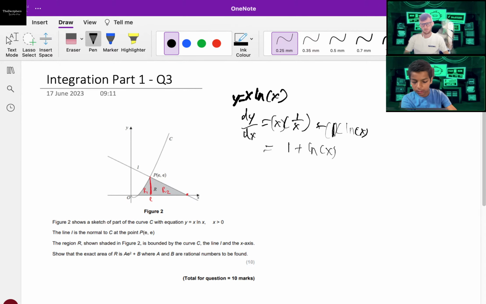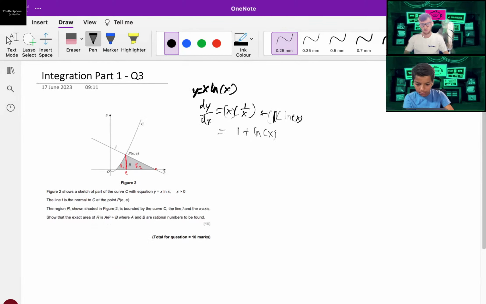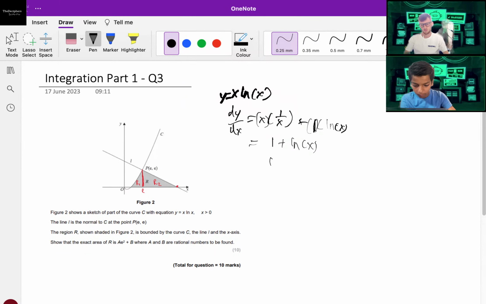So that would just be 1 plus ln of e. So 1 plus ln e is the gradient.